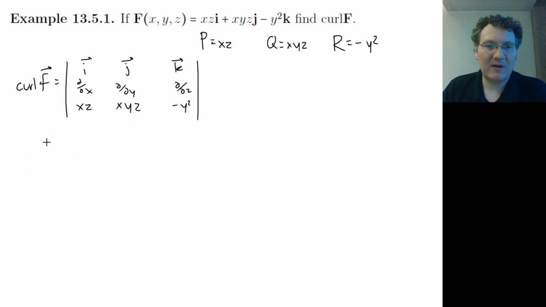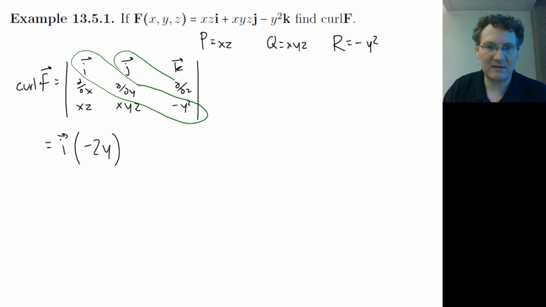So remember how we evaluate this. It's going to be the i times the partial of negative y squared with respect to y, which is negative 2y. What I'm doing first is taking these diagonals positive, and that wraps around this way.